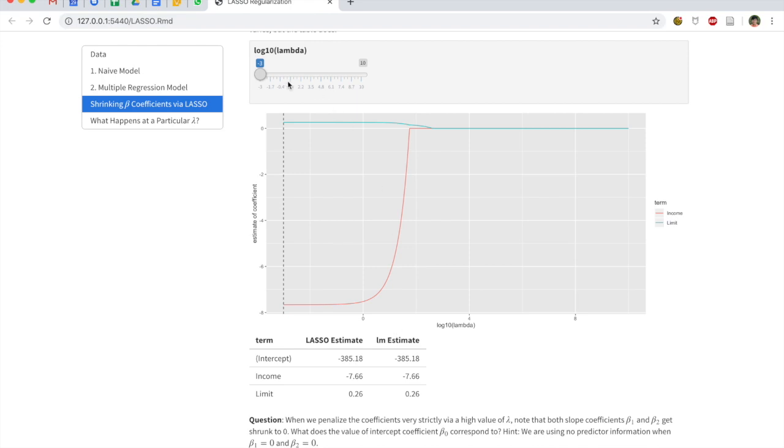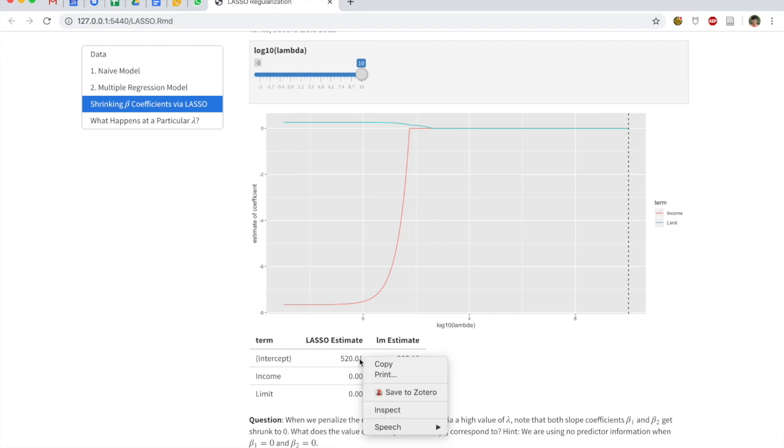But now, let's set lambda to be really large. This is the least complex model. Complexity is penalized. In fact, at this point, look at the values of income and limit. They're both 0. The only value that remains is the intercept.